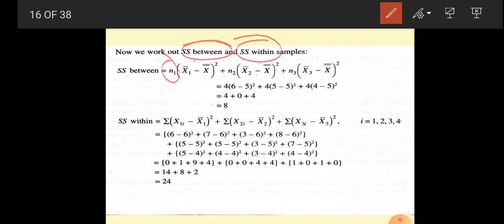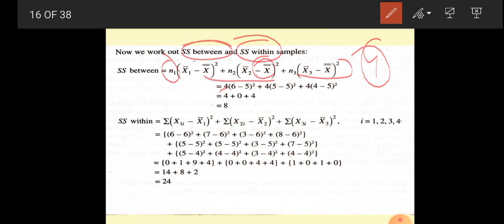We know n1 is 4, because there are 4 plots. Since the comparison is between 4 plots for the different varieties of wheat, n1 is 4 here.